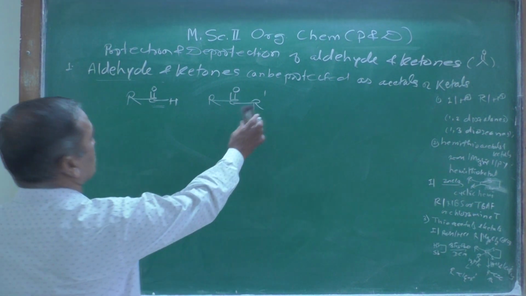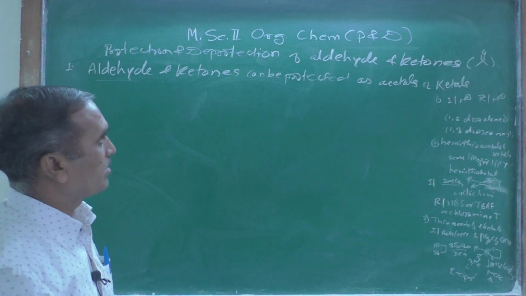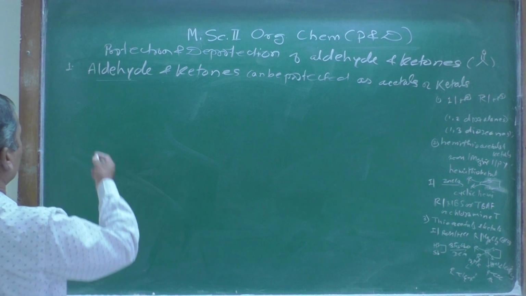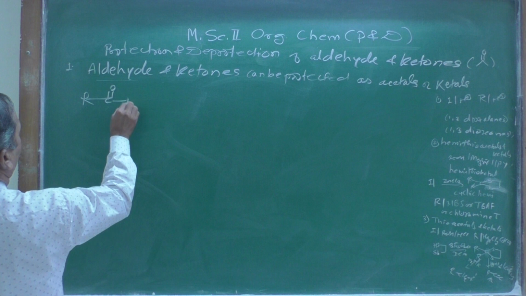Now let us see how they get protected and form an acetal. As we know, the general formula of aldehyde is R-C double bond O-H.